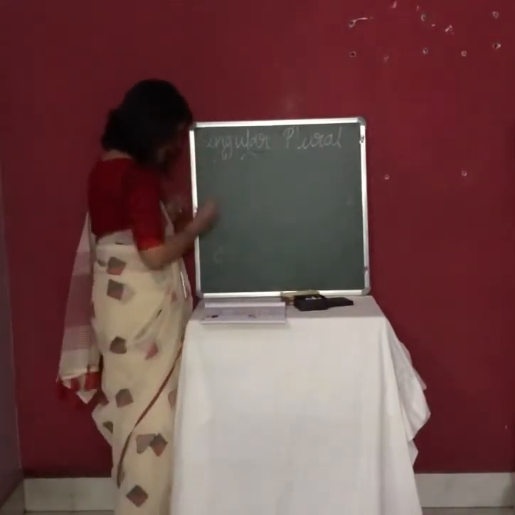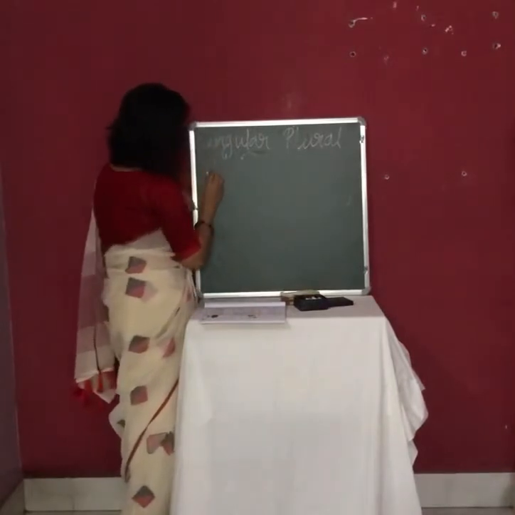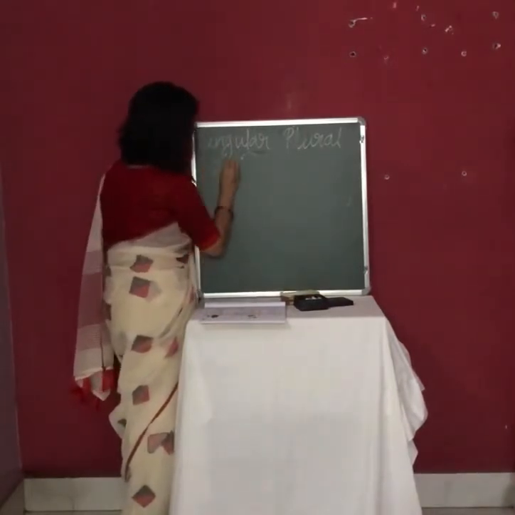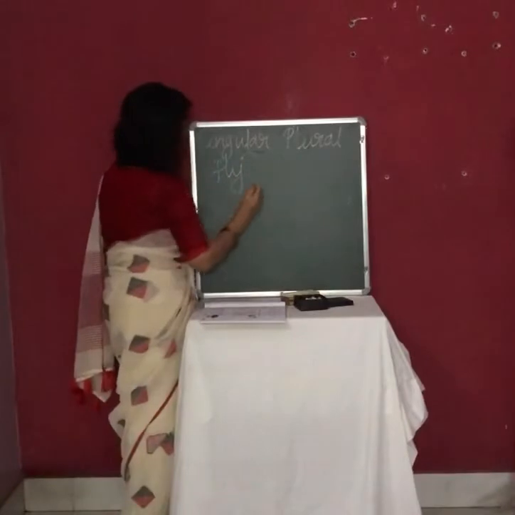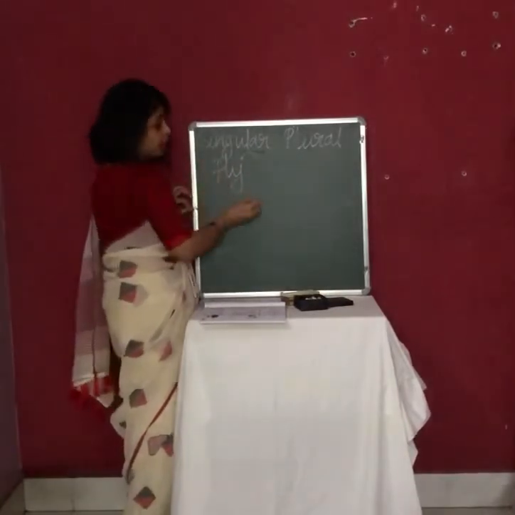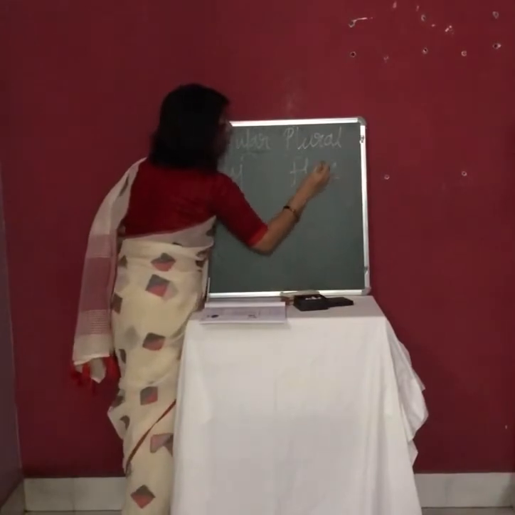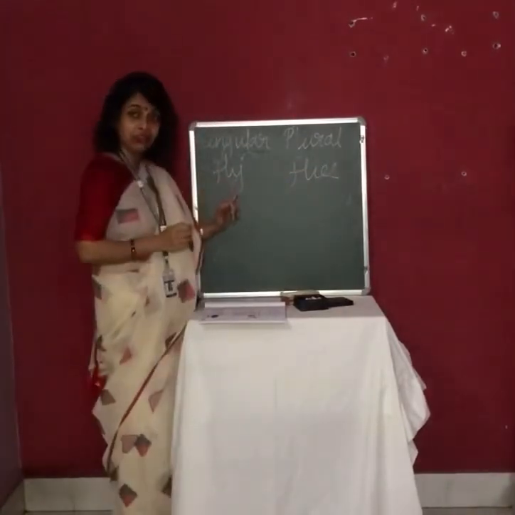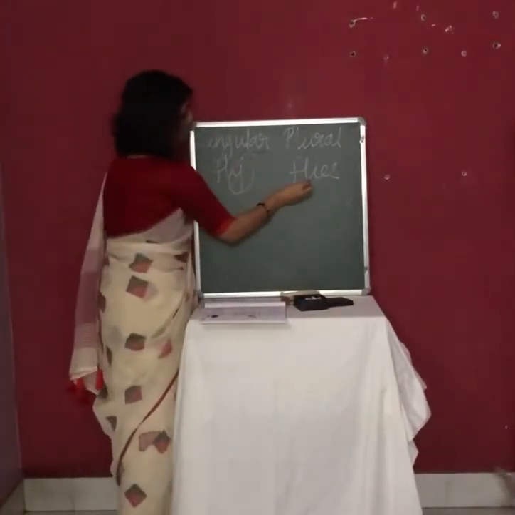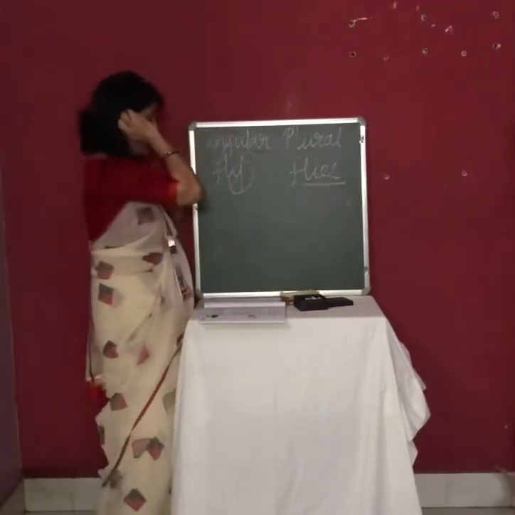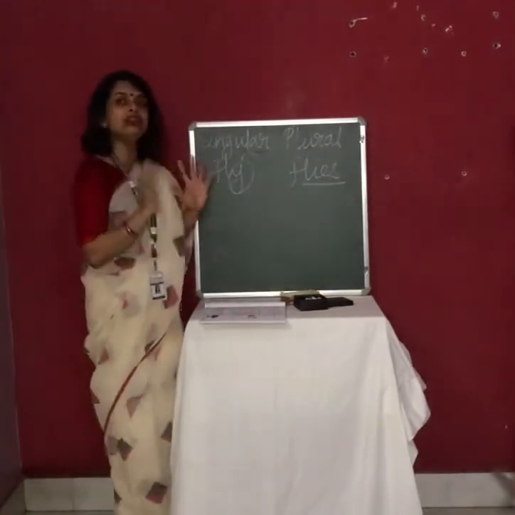Now let us take up another set of words which end with Y. What happens when we change, supposing, F-L-Y? It changes into I-E-S. Have you seen? Y gets replaced by I-E-S when it is plural. Now children, don't worry.